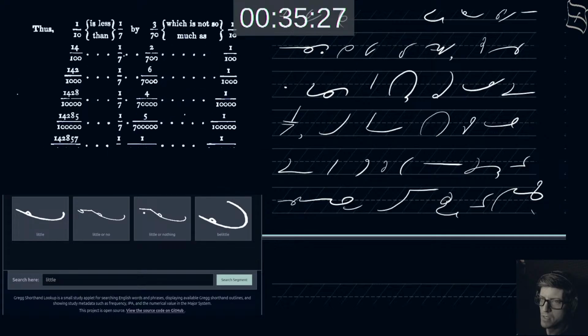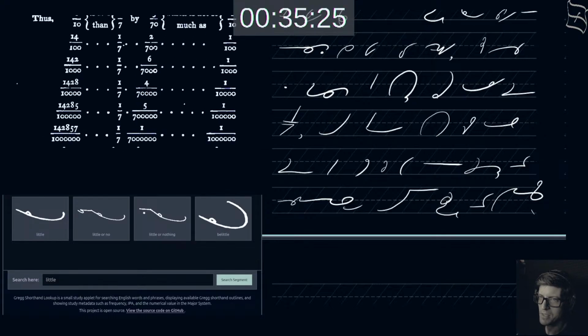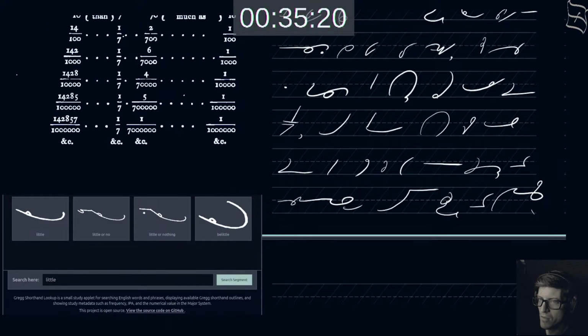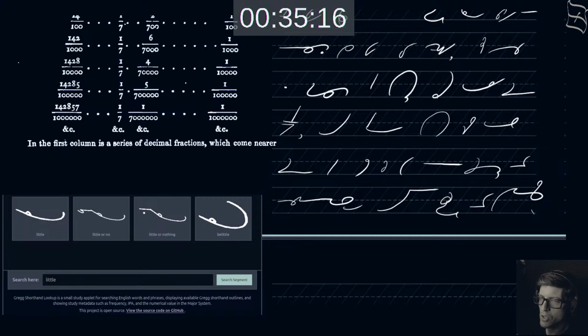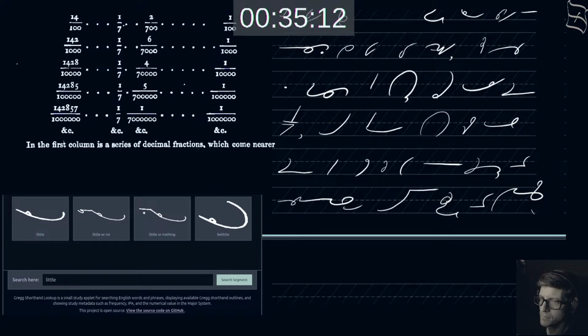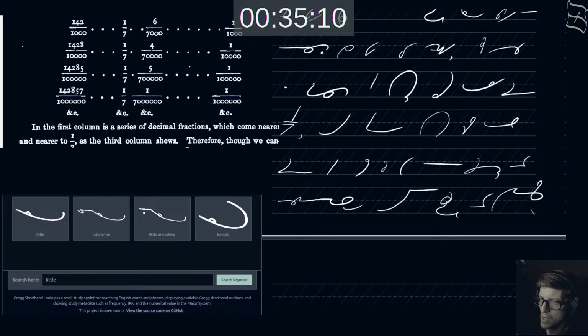Thus, I'm not going to copy all that out, but for the example, you can see right there laid out beautifully that the more you add in your numerator, the better approximation you will get. Okay? The more you add, the better your approximation will be.